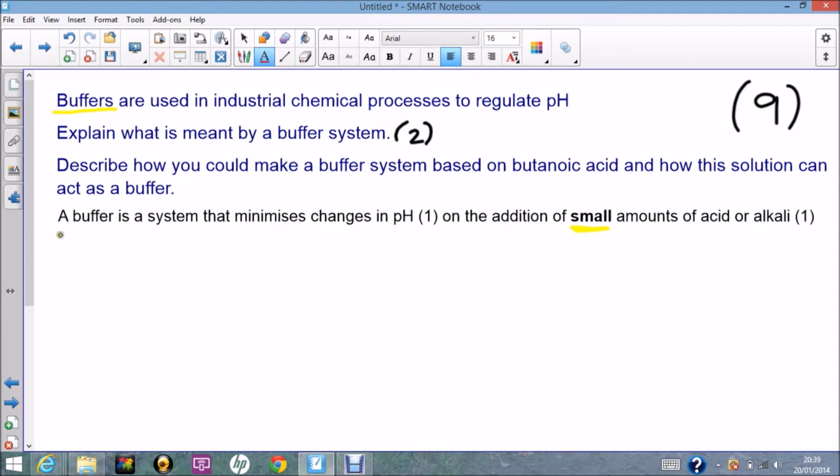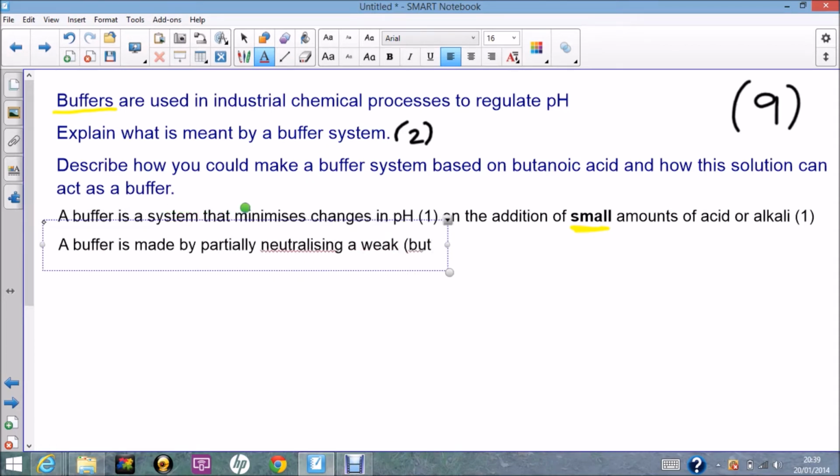Then we're going to describe how you could make a buffer system based on butanoic acid. So let's look at that next. So a buffer is made by partially neutralising a weak acid, which in this case is going to be butanoic acid. Make sure you're being specific in your question, that's what you've been told to use.